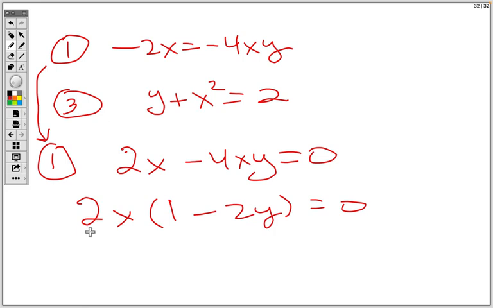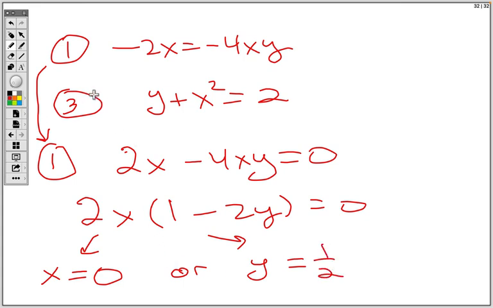So from this equation, I get either x is 0 or I get y is what? A half.